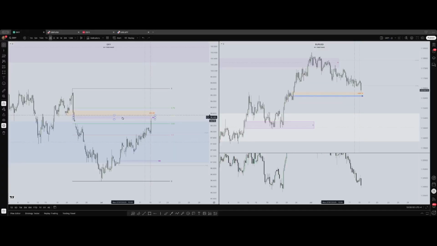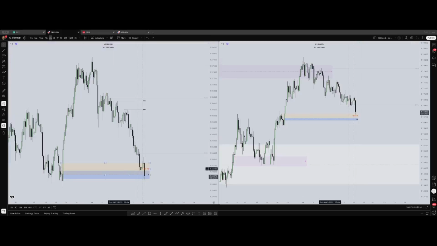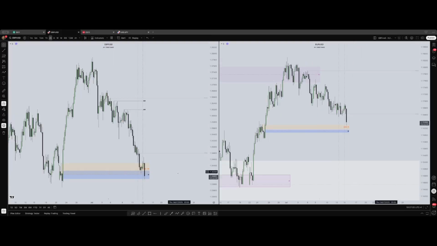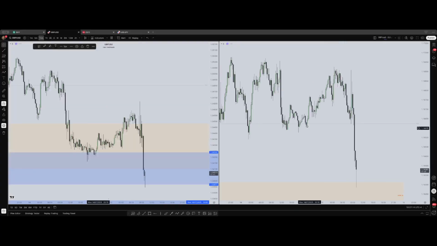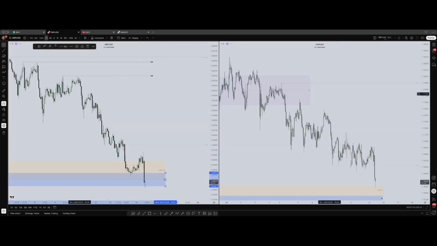Dollar touching 4-hour fair value gap. Okay. Meanwhile, GBP respecting this fair value gap, this hourly fair value gap, and Euro USD touched the breaker.